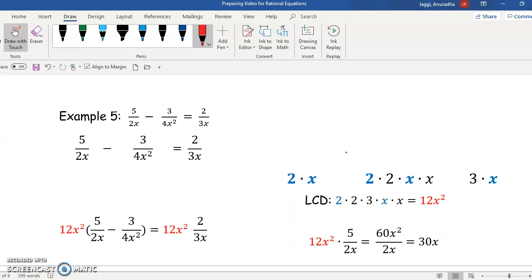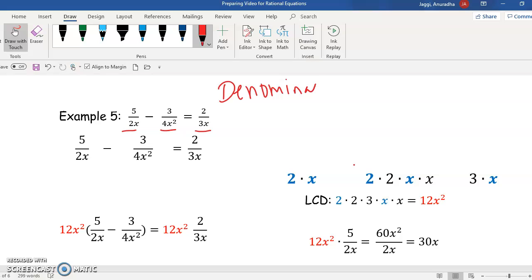The next example is 5 divided by 2x minus 3 divided by 4x square is equal to 3x. Identifying the denominators: 2x, 4x square, and 3x. So my denominators are 2x, 4x square, and 3x.